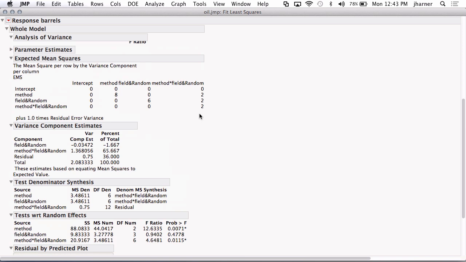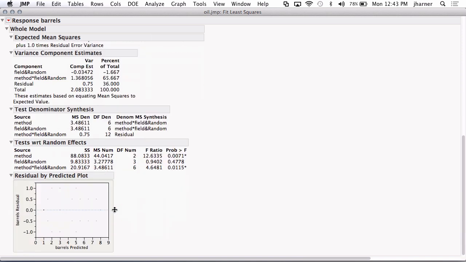And so what does that say? Notice the 222 says that method, field, they all have that 2. So that's saying that method and field are going to be tested by this interaction term, which is the alternate model. And so here is my test, and here we get our results.